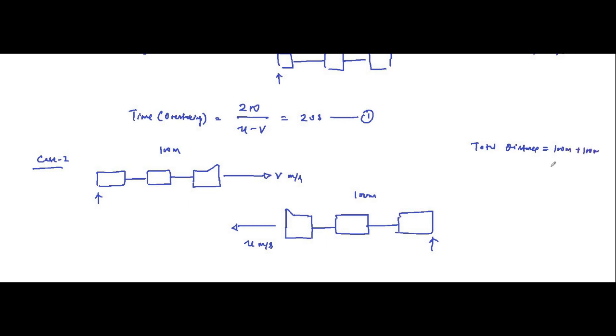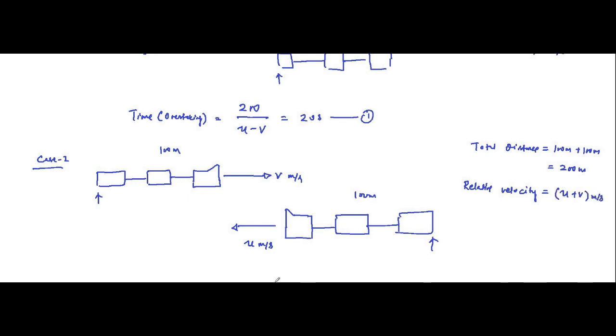Because the trains are moving in opposite directions, the relative velocity will be u plus v meters per second.